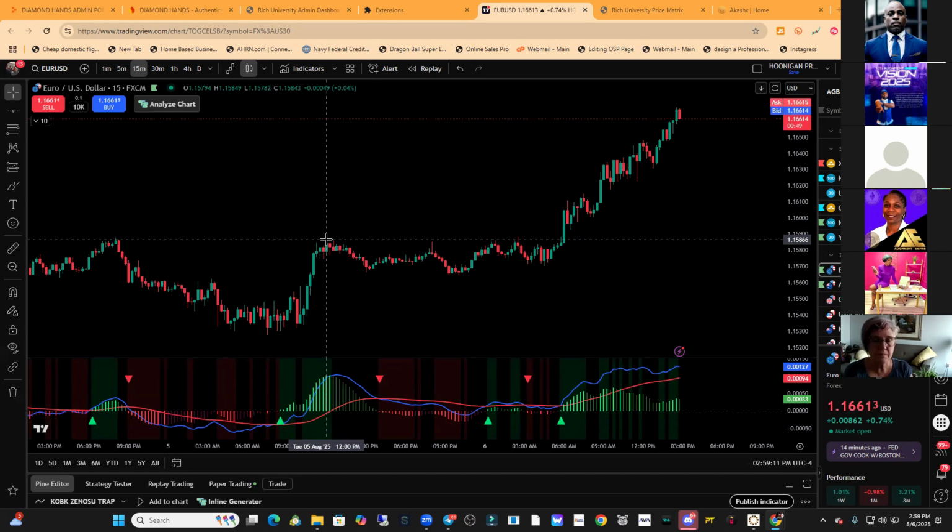You don't even have to worry about it coming back and hitting break even. You could take profit at the first sign of resistance. That's just something to look at too. The indicators are supposed to help us, but if you also lock in on your market structure and your key levels, the price action is going to tell you even before the indicator does.